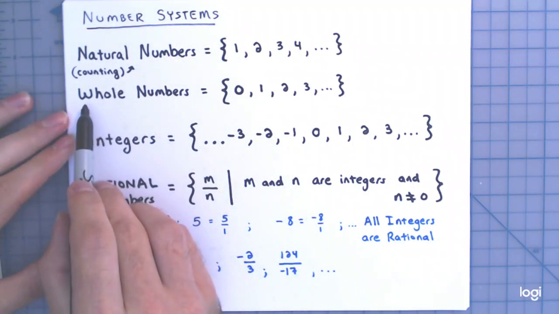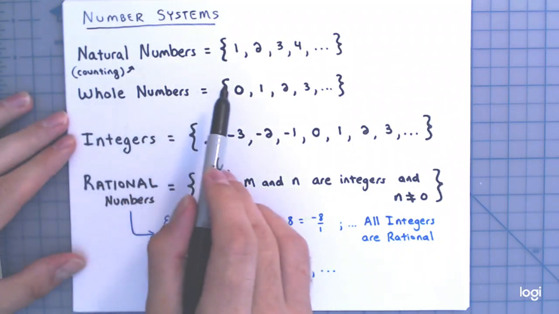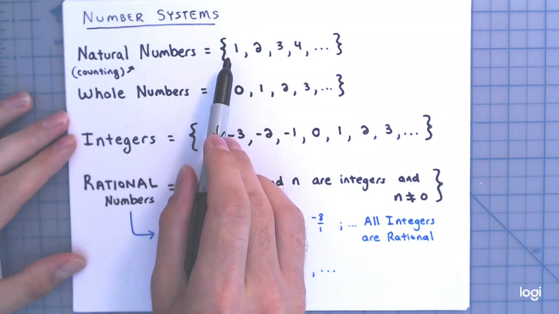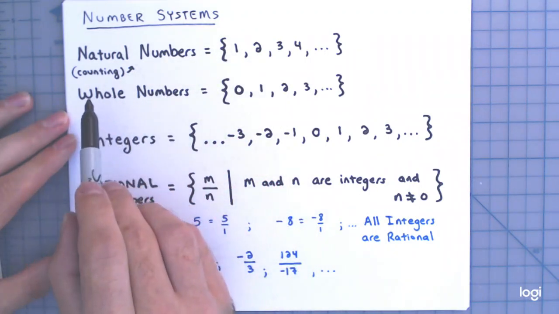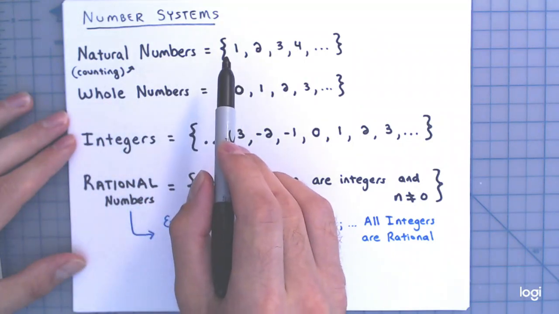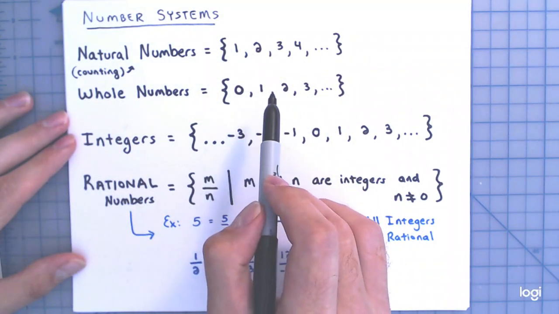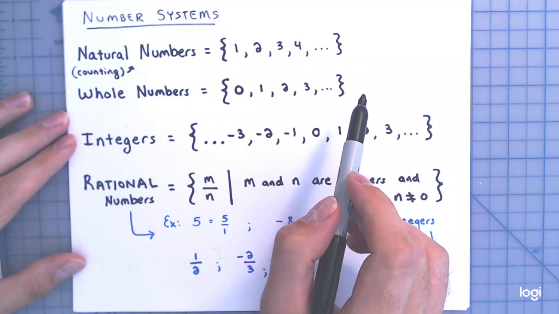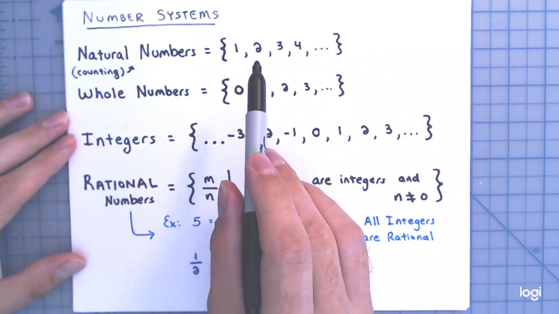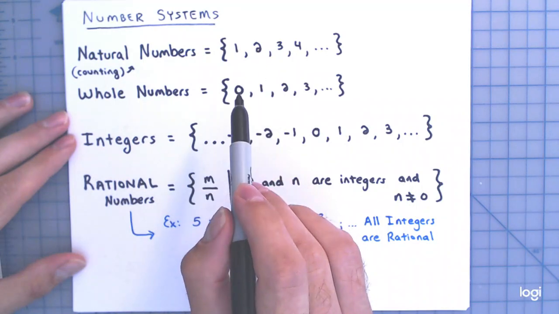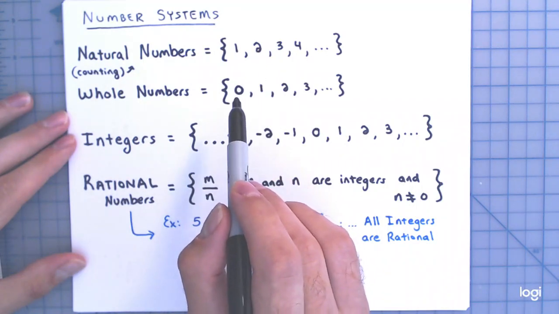Alright, then in some textbooks, 0 is not considered a natural number, and in those textbooks you have a new set called the whole numbers, which is just the natural numbers 1, 2, 3, 4, 5, 6, 7, etc. with the number 0 added. Right, so the only difference between these two sets is the whole number set has the number 0 in it.